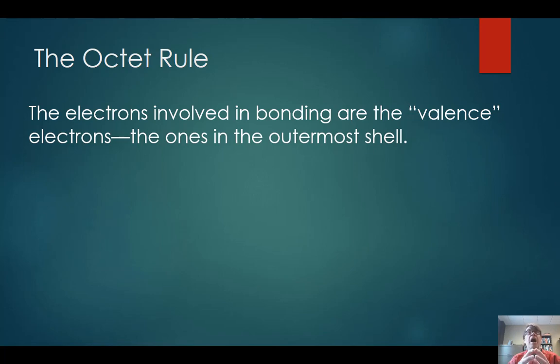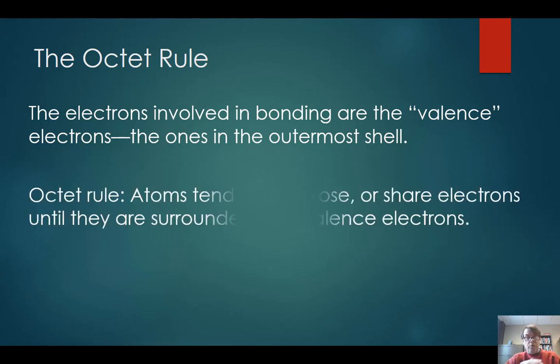8 is nirvana. Please let me be 8. Let's get to 8. And so if by sharing or by trading you can get to 8 in the outer shell, that's the ideal for these sorts of atoms, the heart of the periodic table, the most common elements that we know in chemistry, many of them.